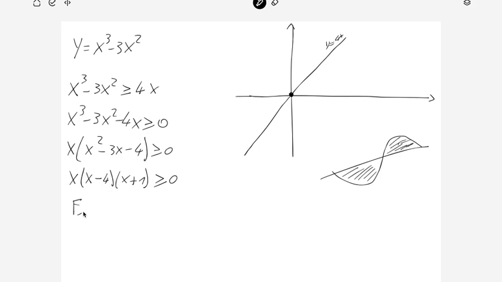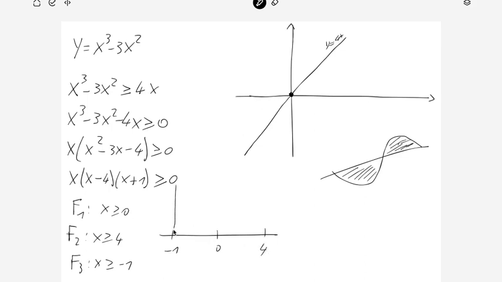Well, we have to study the first factor, so x greater than 0. The second factor is x greater than 4. And the third factor is x greater than -1. So we have -1, 0, and 4 in order to study the sign.